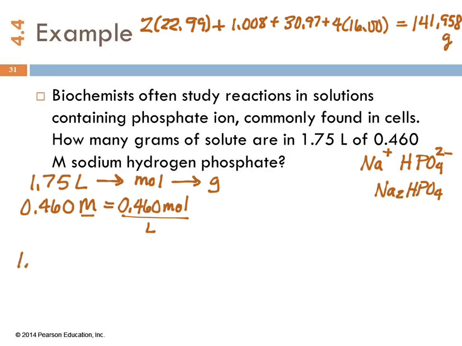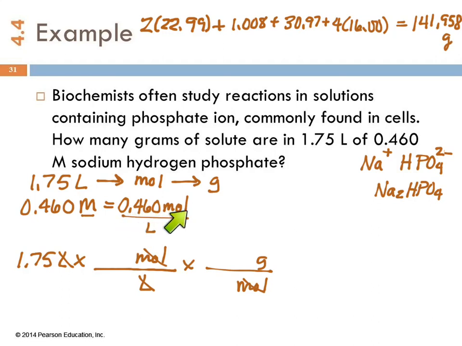So we start over here with 1.75 liters. We're going to multiply by moles and divide by liters, so the liters cancel out. We're going to multiply by grams and divide by moles, so the moles cancel out. Isn't that cool? I love that. It's just, the units, it just does that all by itself. It's awesome. And then we stick the numbers in. So 0.460 moles.